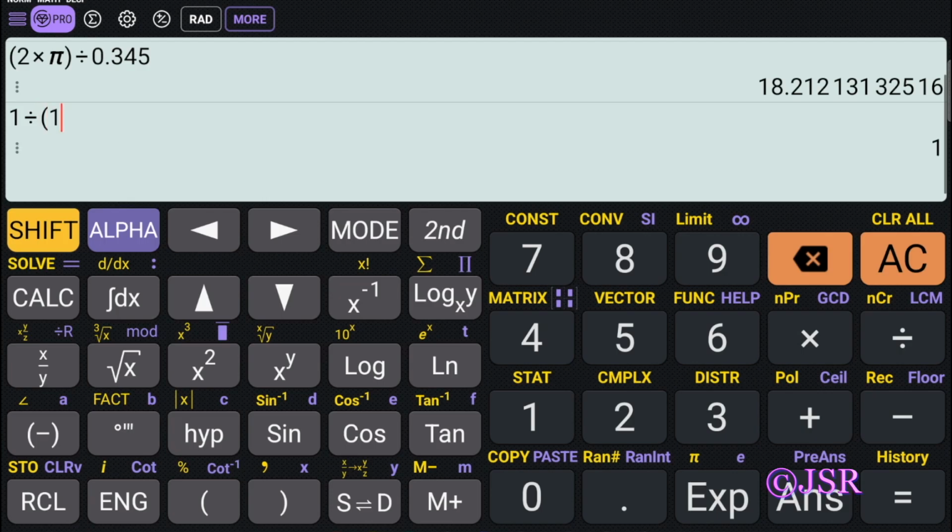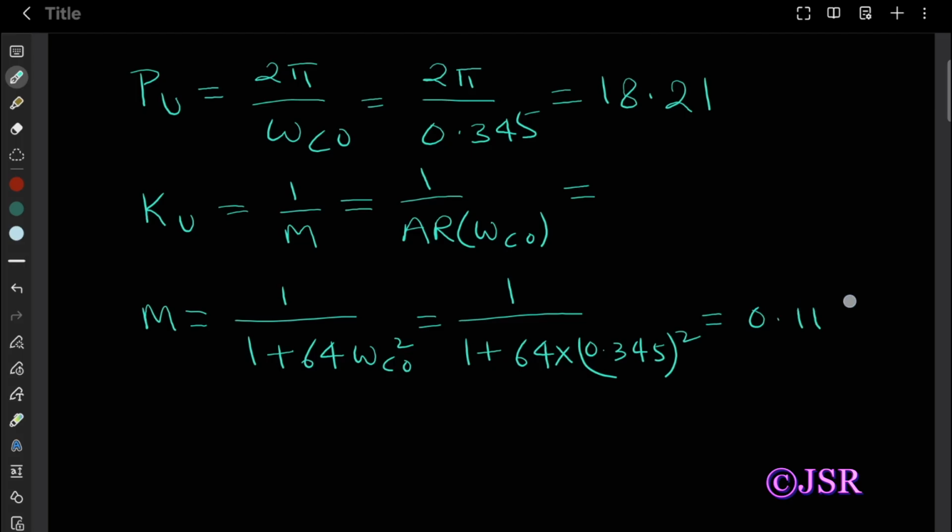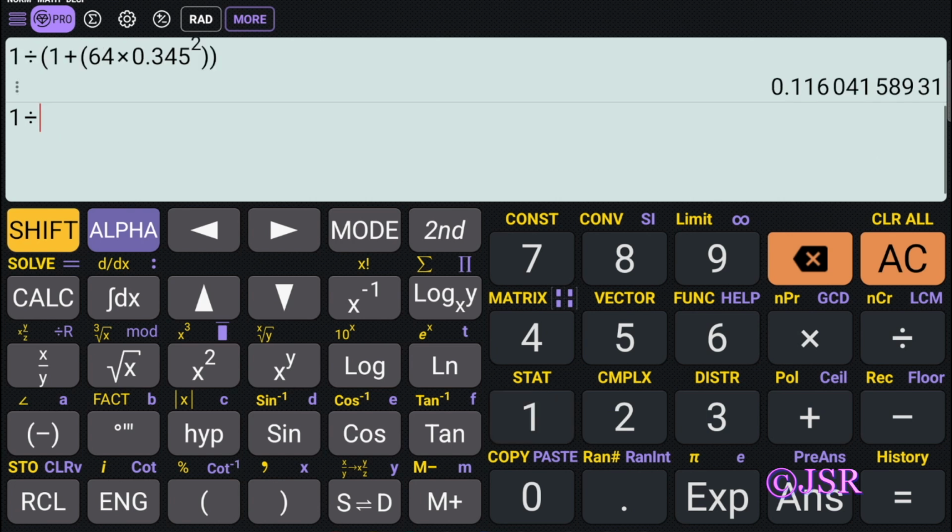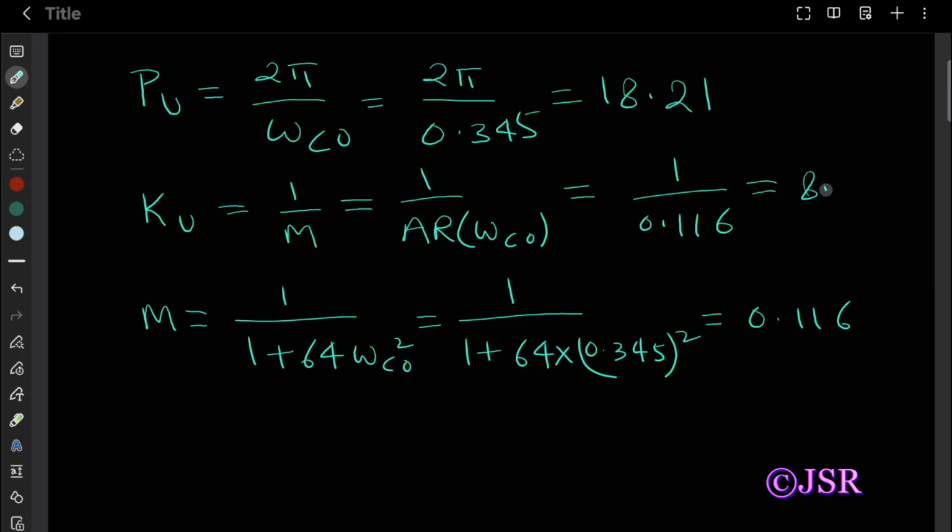So this is 0.116. If we put 0.116 in the expression of ultimate gain, we get 1 upon 0.116, so this is 8.62.